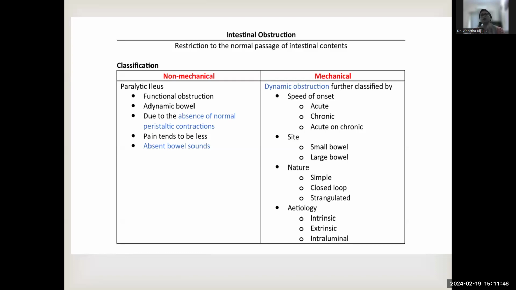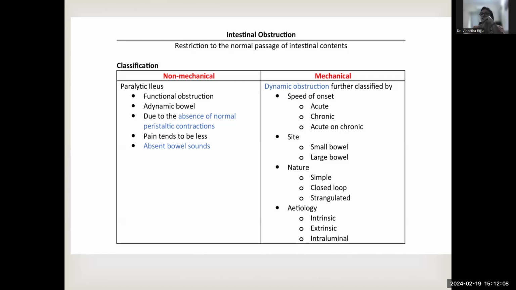Now it can also be something which is intrinsic, where the obstructing agent, probably a tumor, is inside the lumen, obstructing the lumen, the opening. Or it can be extrinsic, when there is a mass or a tumor mass outside and it is obstructing.